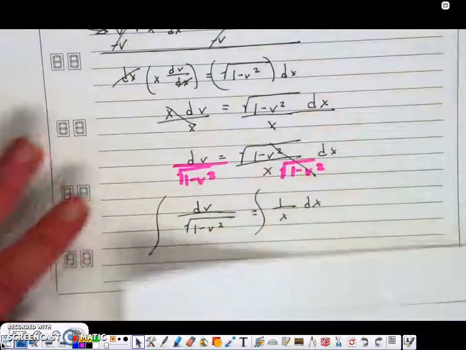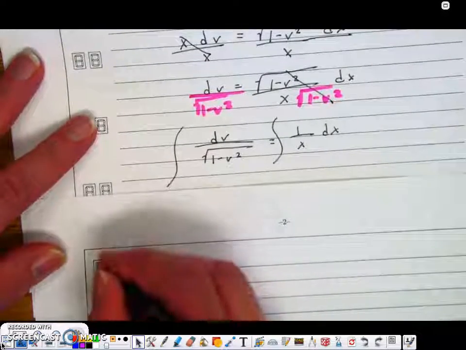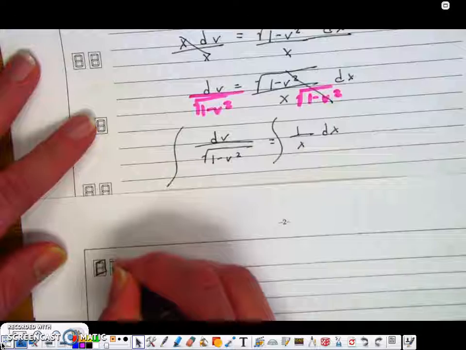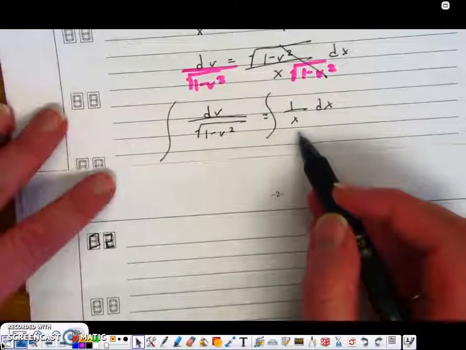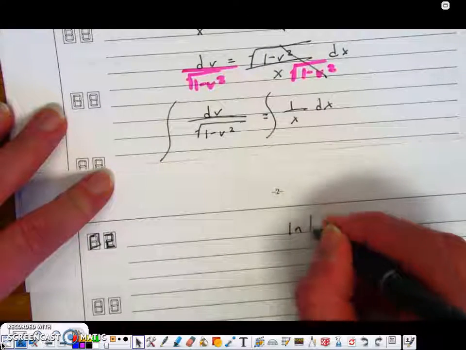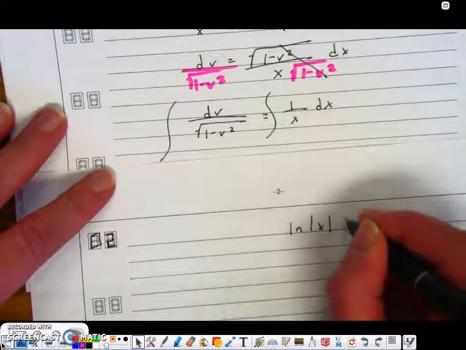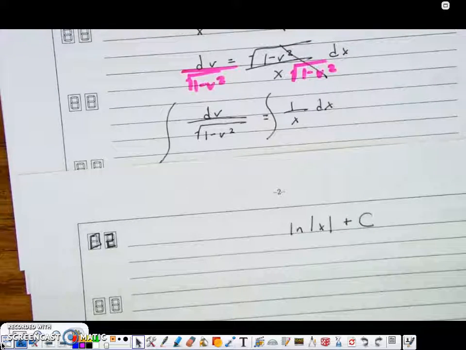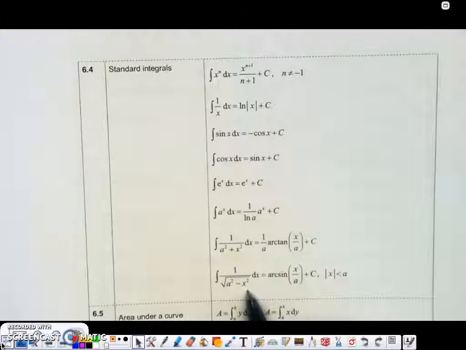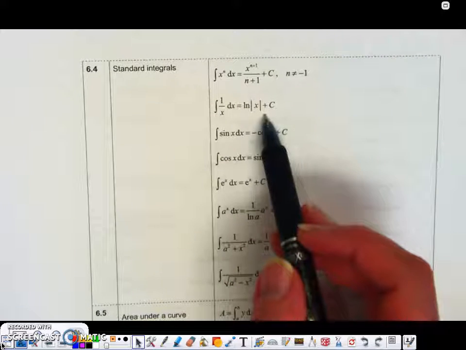Okay, so if I'm going to do that, let me just start a new page. Okay, this guy is pretty easy to remember, right? That's ln of the absolute value of x. Okay, and we usually put our plus c on our right-hand side. The other guy, I would probably have to look up. Okay, if you look right here on your formula sheet, and even your 1 over x is up here with the absolute value.